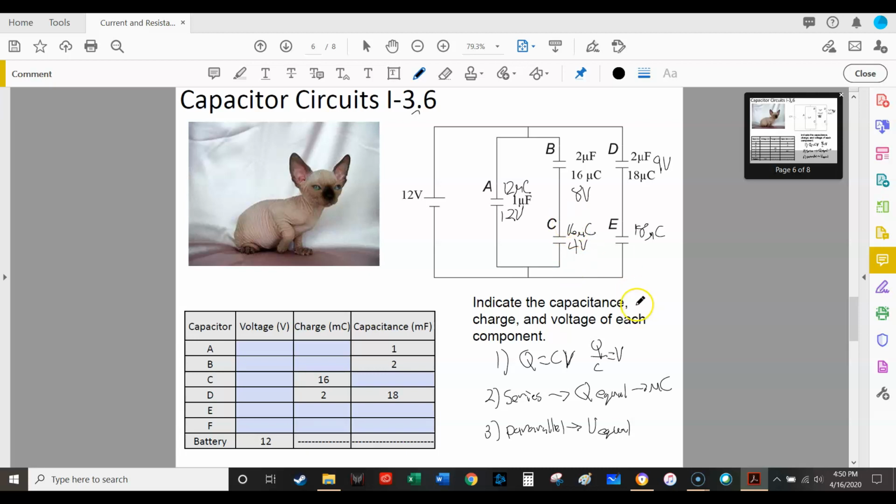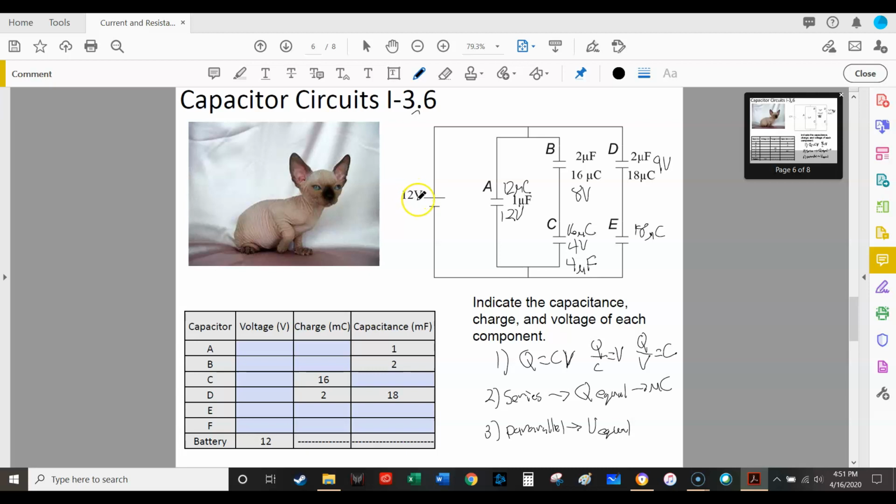Well, now we have 16 microcoulombs, which is going to be charge, and we have 4 volts, which is voltage here. So that means this is going to be capacitance, right? 16 microcoulombs divided by 4 volts is going to be 4 microfarads. All right?